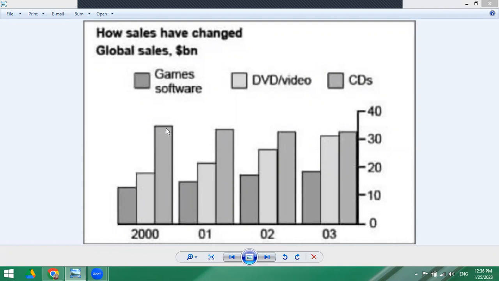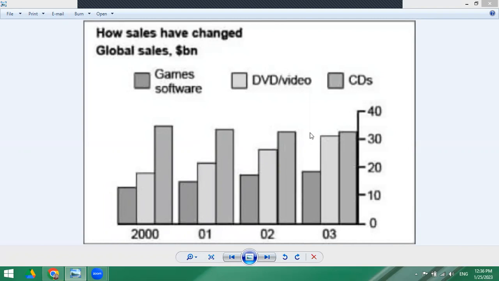As you see, they've gradually declined, but the last two bars are the same. So you can call it declined because it was higher, and although the last two bars were the same, it can be counted as a decline over the given years.